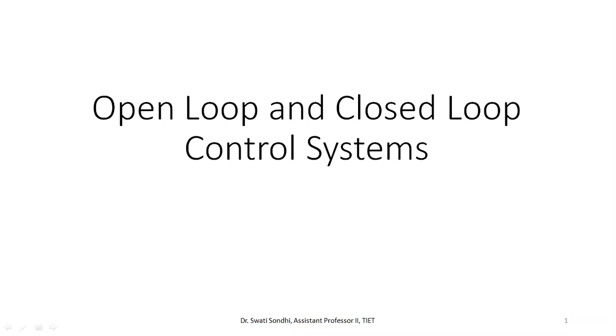Then there is the concept of negative feedback, which makes the system a closed loop control system. Giving negative feedback has various advantages: at times it increases the trajectory tracking or set point tracking of the system, and sometimes it also improves the stability of the system.